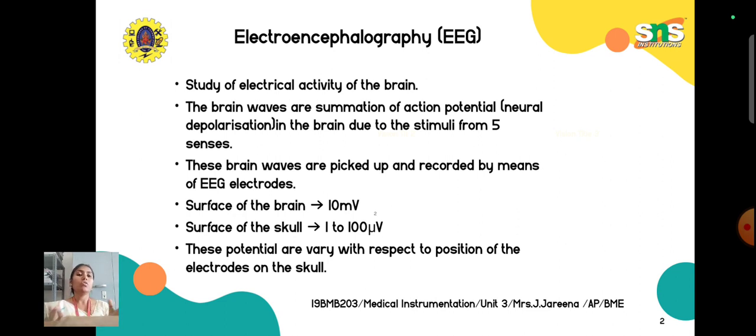These are the two main methods you can go with for EEG recordings. Based on the application, the demand arising from the patient, doctors or physicians, or the condition of the patient, we can go with either the invasive type or the non-invasive type.